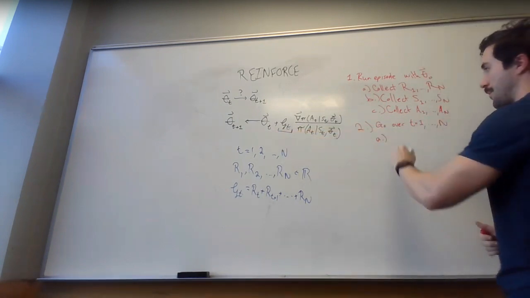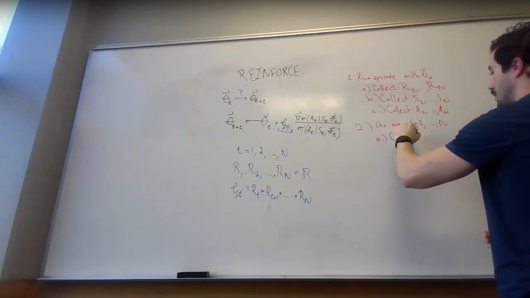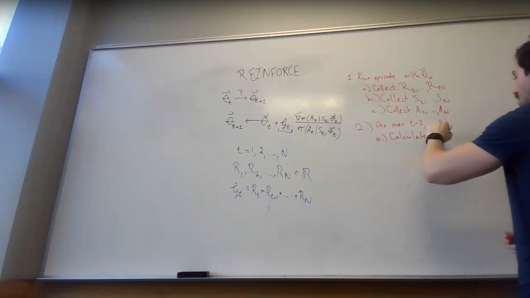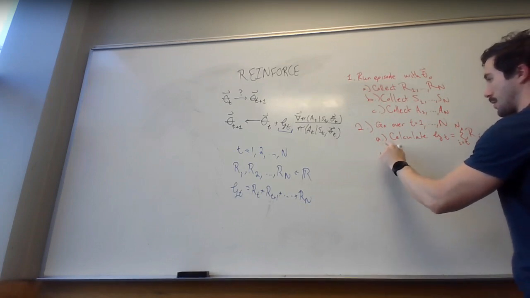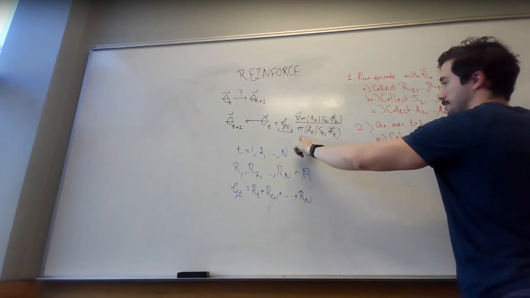So what you do is you calculate GT, which is the sum from i equals T to capital N of Ri. So it's all the remaining rewards. You need to calculate this guy.